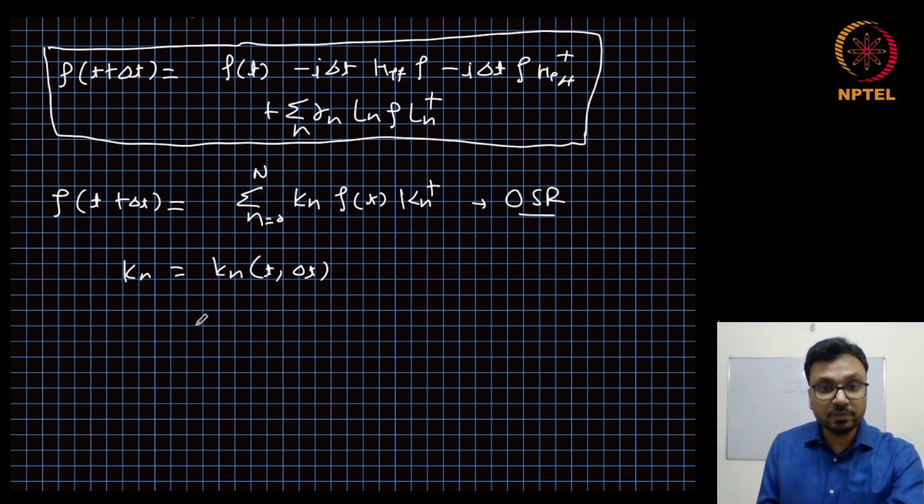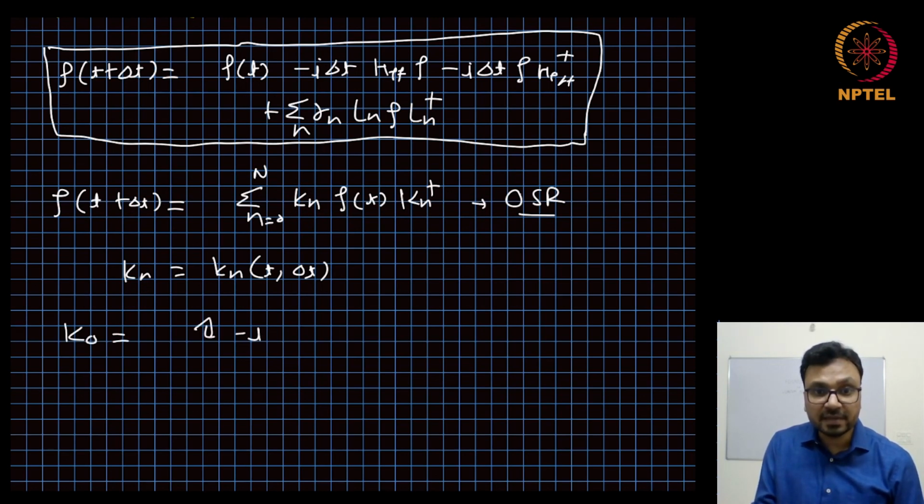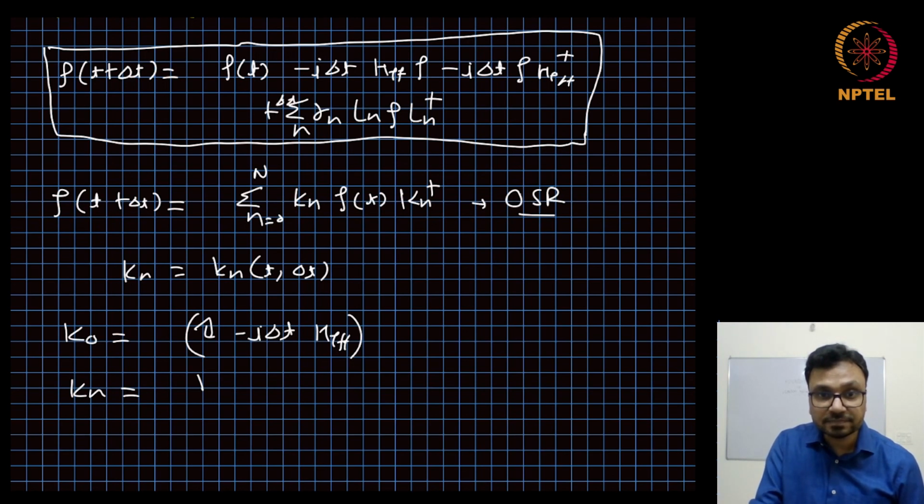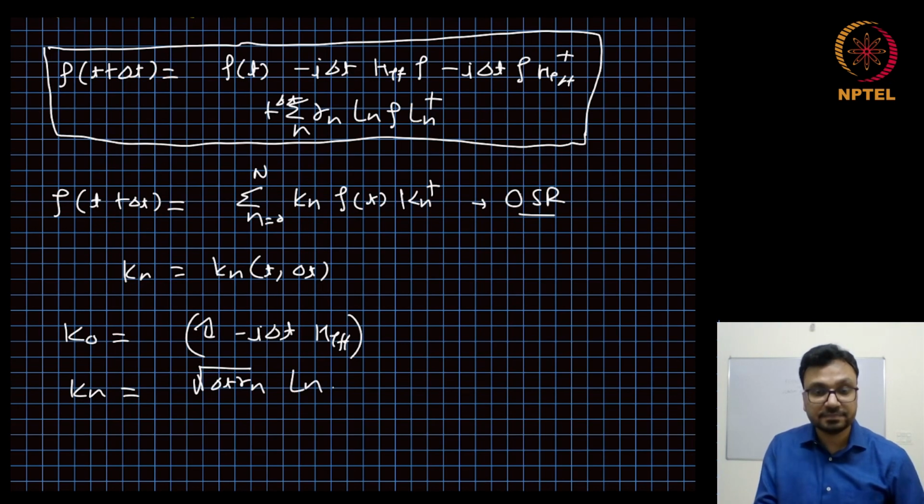So this is a completely positive map, and we can see one step of evolution, one discrete time evolution delta t from t to t plus delta t, in terms of these Kn, where K0 is identity minus i delta t times H effective, and Kn is square root of delta t gamma n Ln.